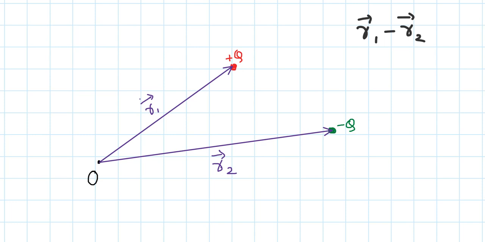The difference vector r1 minus r2 can be evaluated easily. The difference vector is actually the separation vector between the two charges.